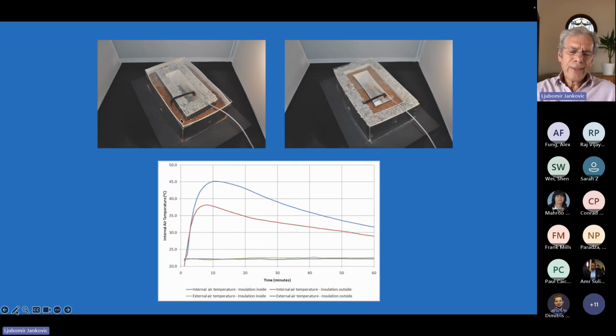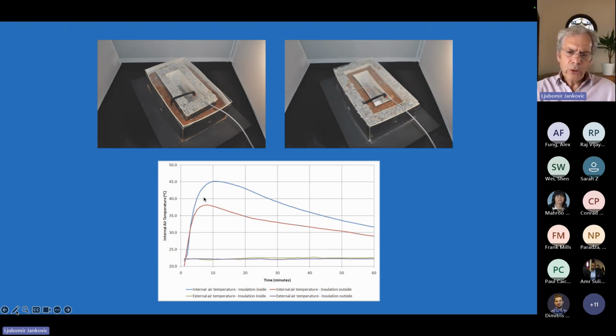This outside material is sand to represent high density materials such as bricks or concrete. And this is shredded newspaper representing insulation. And then the reverse situation in the other box, where we have insulation outside and high density material inside.